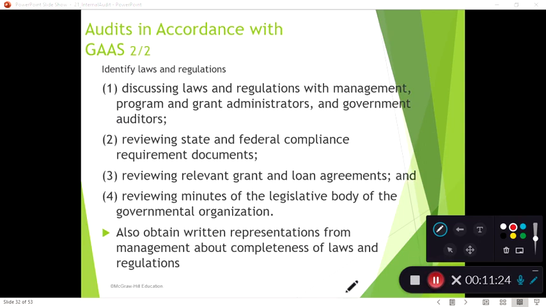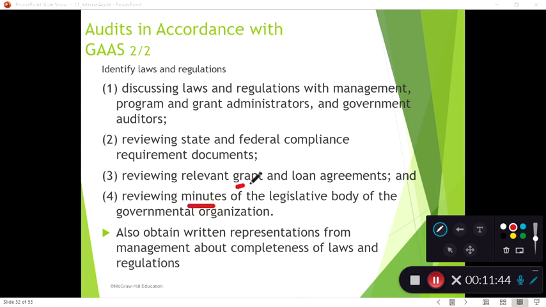And so what are the kinds of things they would do? Obviously there would be a lot of discussion around whether there are any laws and regulations that are specific to the firm, reviewing any compliance requirements, grant or loan agreements, and reviewing minutes.